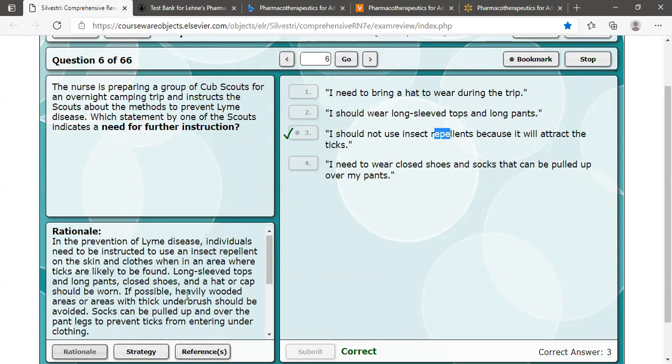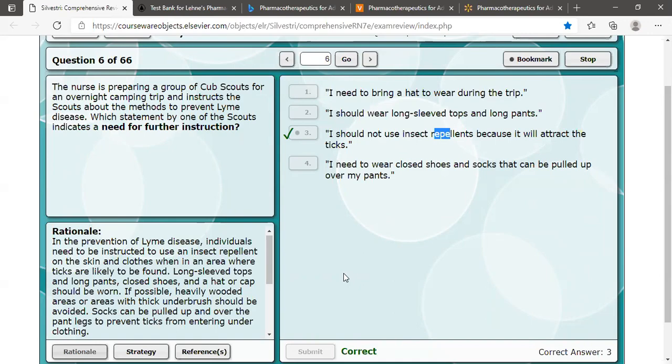If possible, heavily wooded areas or thick underbrush should be avoided. So basically, if a patient has a chance of being bitten by this, some lab tests help to find out. What lab tests could we do and what are the treatment options as well? We have to know.